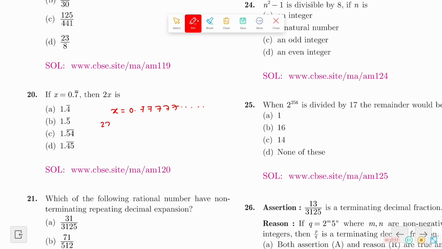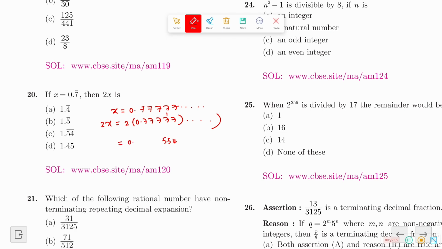We want 2x, that means it should be multiplied by 2. So what we get every time: 7 twos are 14, carry 1. Again 7 twos are 14, carry 1, 15. Every time we get like this.